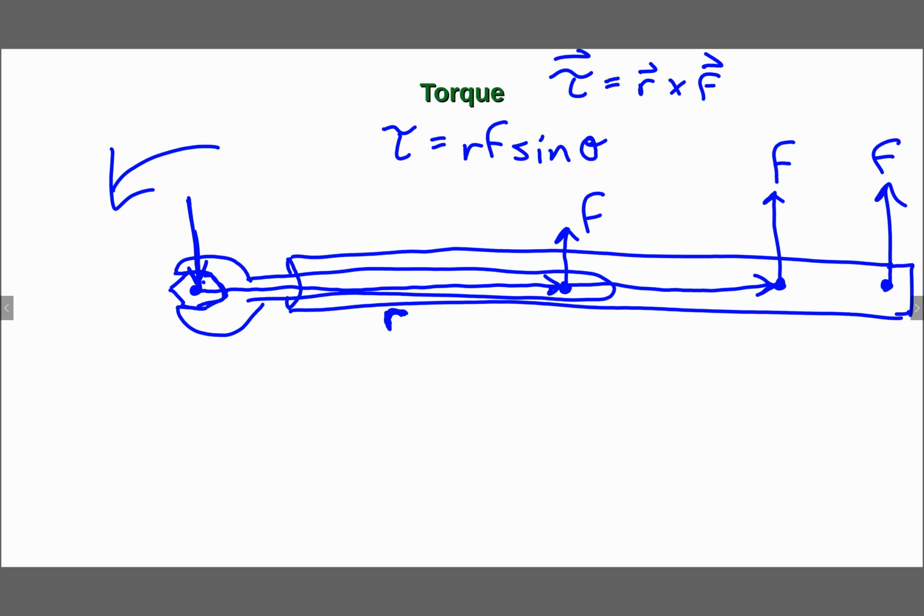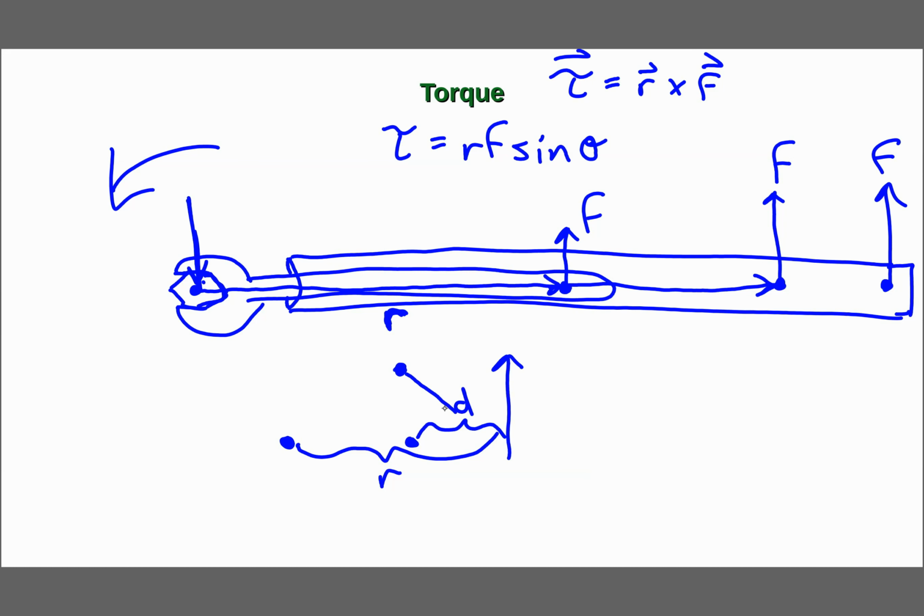angle, theta, between R and F, depending on how we're moving the axis of rotation, right? So imagine if I have an axis of rotation here, I have a force applied here, there's some distance R between them, right? I could move the axis of rotation here and I'd have this new distance, D, we'll say. Okay? But I also could move the axis of rotation, say, up here, right?